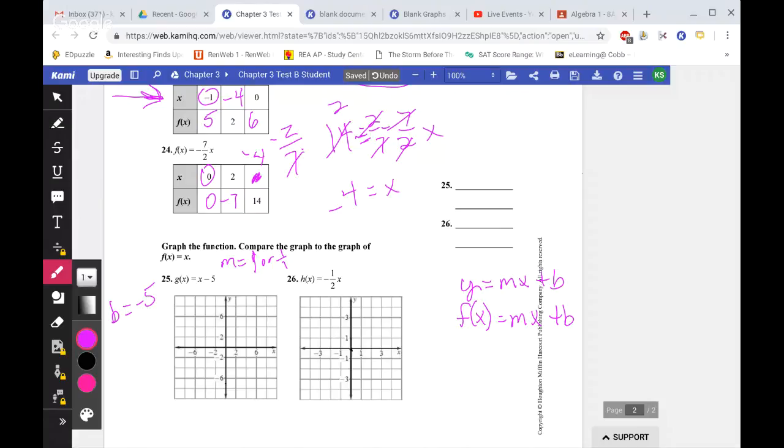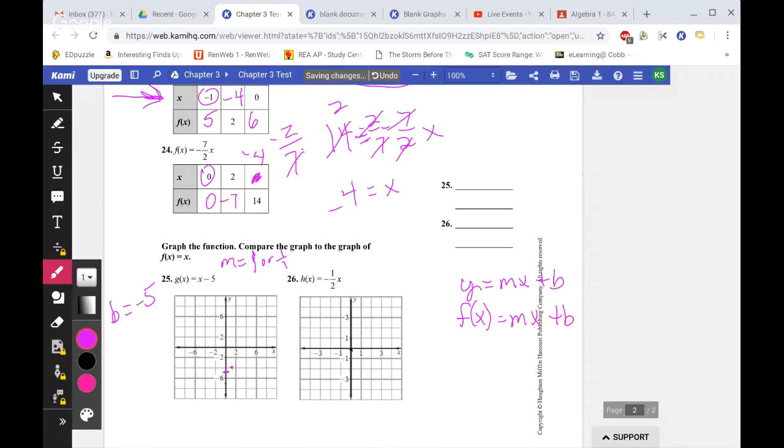So I'm going to have fun graphing -5, 2, 4, and then I believe -5 is going to be right here. And then we've got a slope of 1 over 1. So I'm going to go up 1 over 1.